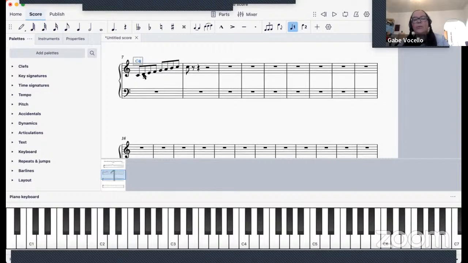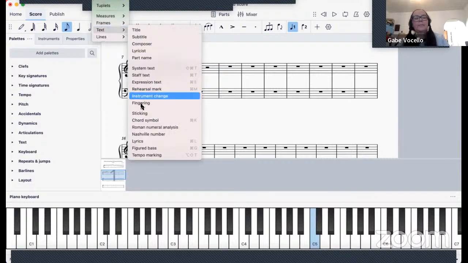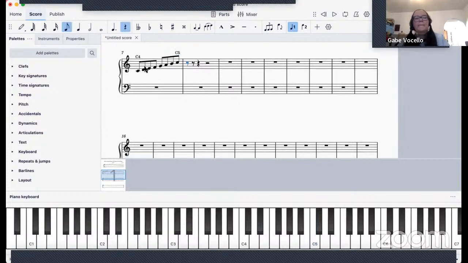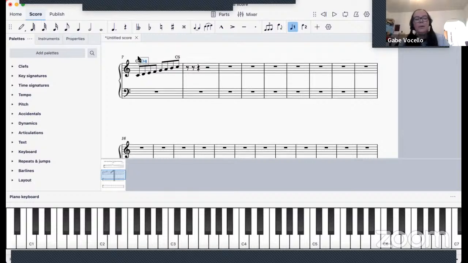So those notes from C to B are within that C4. And this is C5. D4, E4, F4, G4, A4, B4, and the next C is C5.